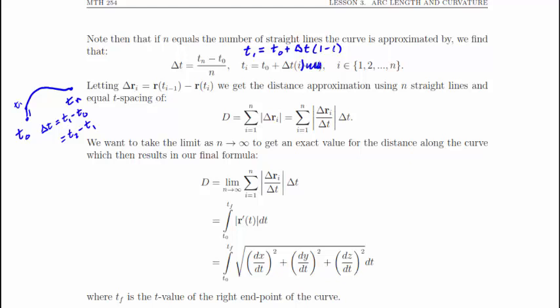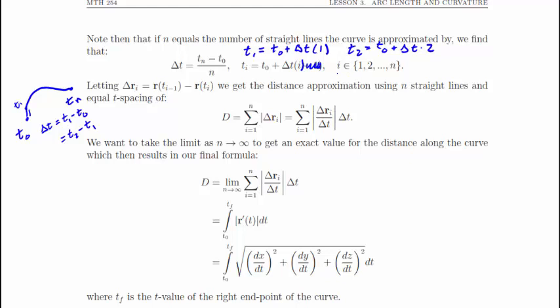I believe yours is already changed. Get rid of that. It's actually not going to change anything down here for how we're going to be putting everything together, but it's good to make this adjustment. But t sub 1 could be calculated this way. T sub 2 then would be t naught plus delta t times 2, so we're just adding 2 changes in time, and so on and so forth.